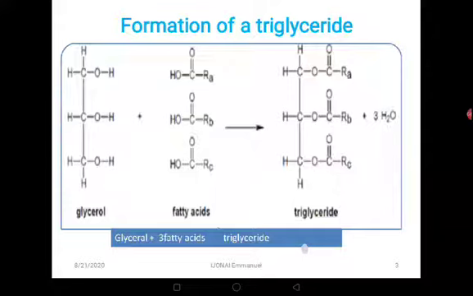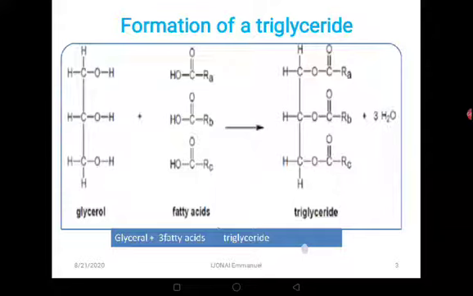So one glycerol molecule has 3 OH groups, the hydroxyl groups, and this allows the reaction with 3 fatty acids, because the OH group is the most reactive part of the glycerol.